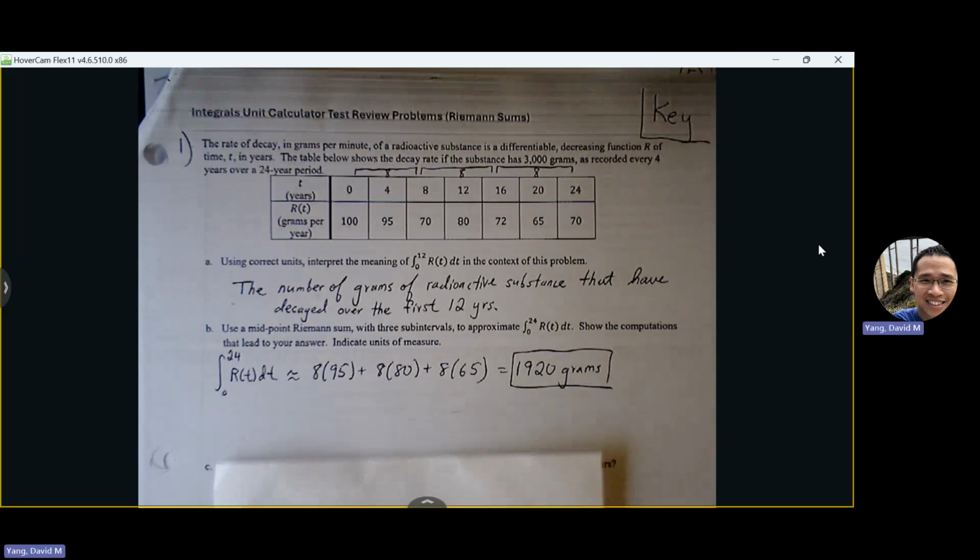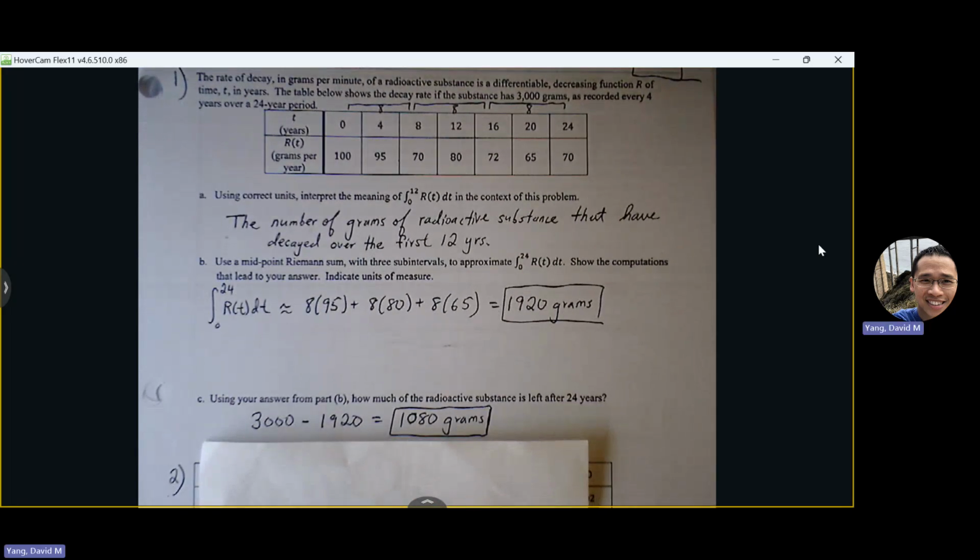Then part C is just asking us to determine how much radioactive substance is left, assuming that all this amount has decayed from that 3,000 to begin with. So 3,000, because that's the initial amount at the beginning of the problem.